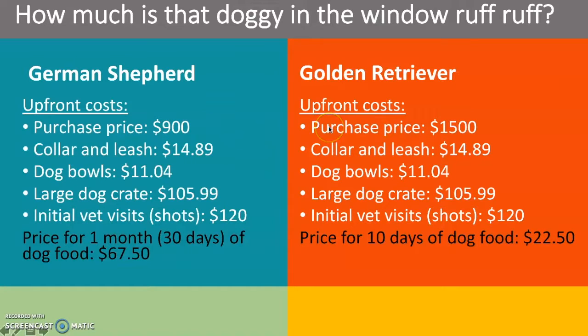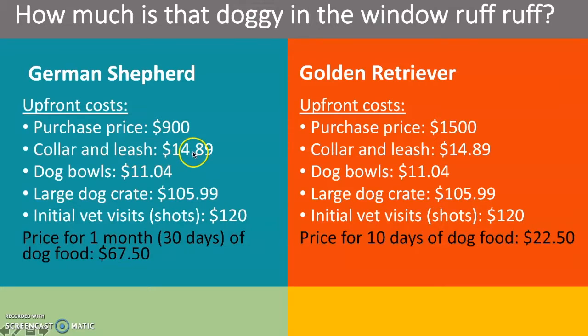And these were just prices that I looked up online. Now, depending on what state you're in and what breeder you go to, you might get a price that is slightly different than this. You might be able to wheel and deal and bargain with someone that you're getting the dog from, but these were some prices that I found online for these dogs.